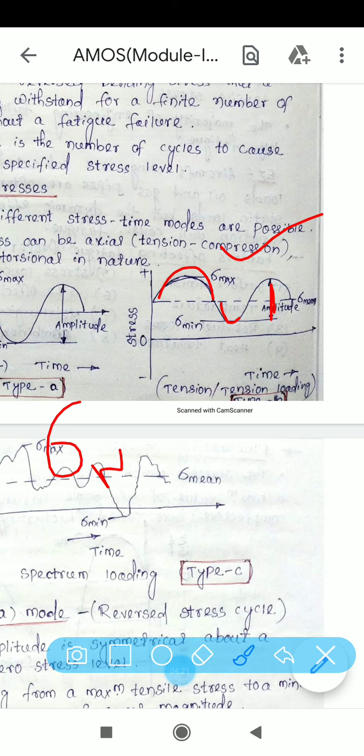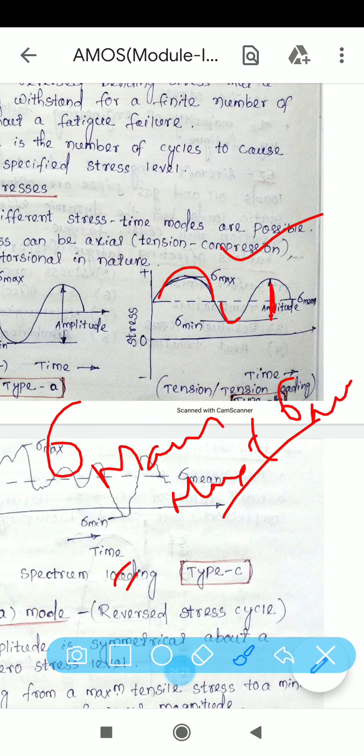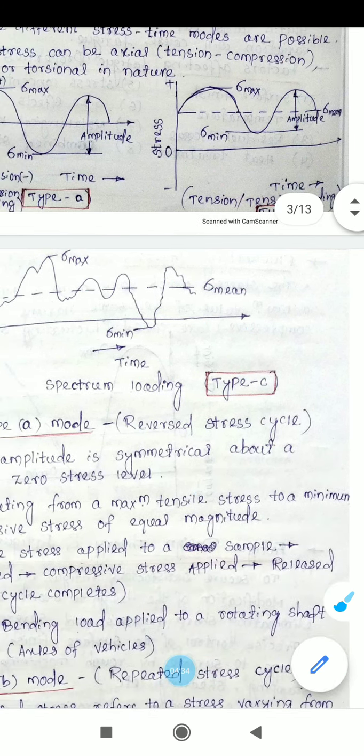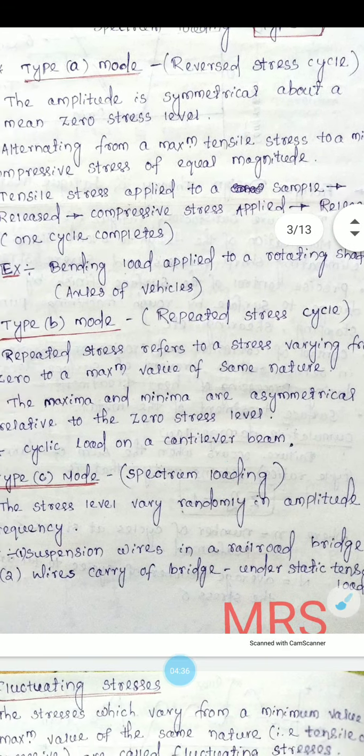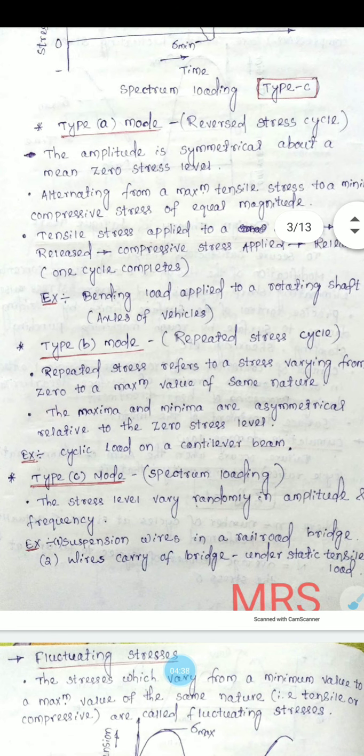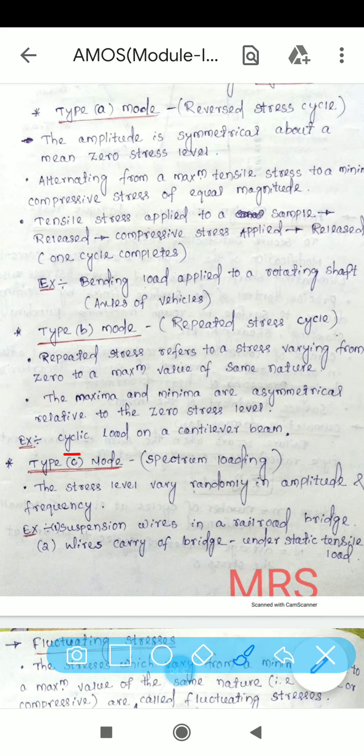Mean means mean stress or average stress, that is maximum stress plus minimum stress divided by 2. Take one example for this: cyclic load on a cantilever beam is repeated stress.